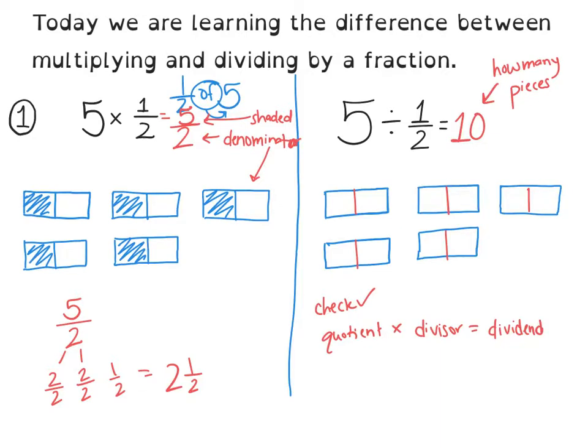So we have our quotient of 10 times the divisor, the number we divided by, which is 1/2, equals, and remember we can go 10 times 1 is 10, 1 times 2 is 2, equals 5. And 5 is what we started with. So our answer is correct. 10 is our answer.